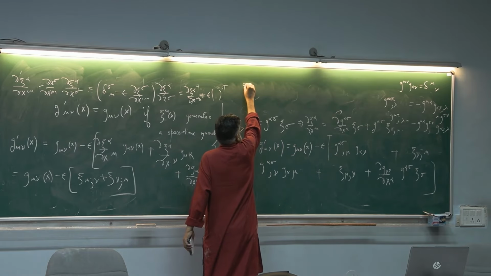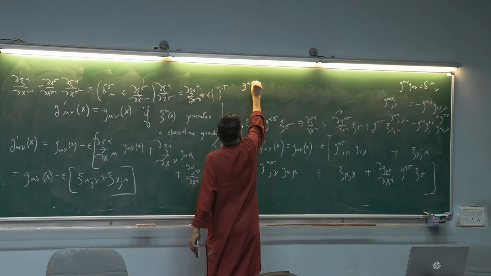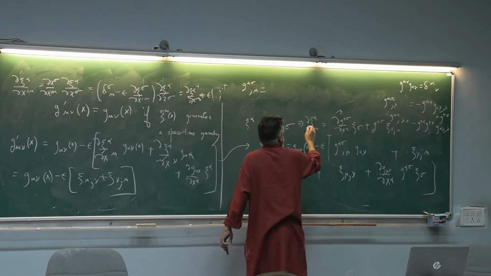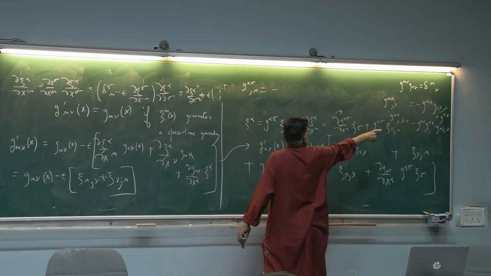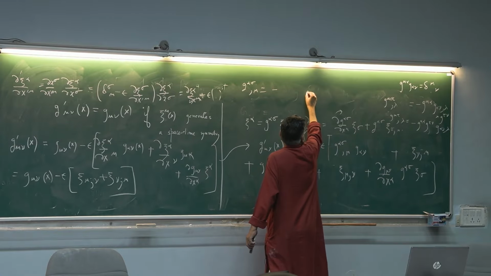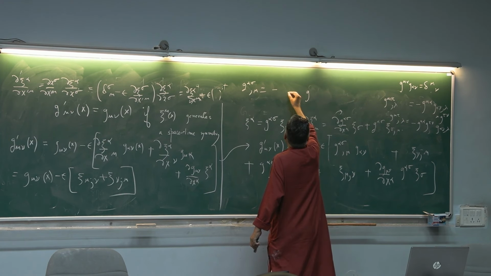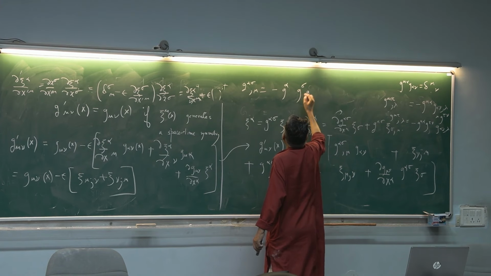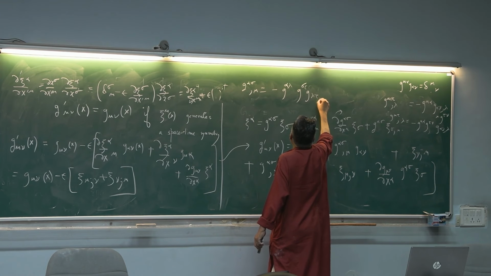So g alpha sigma comma mu is nothing but, there will be an overall minus sign because of that, and it will be g alpha something something, doesn't matter, g alpha will be there, sigma will be there, lambda tau with respect to mu.